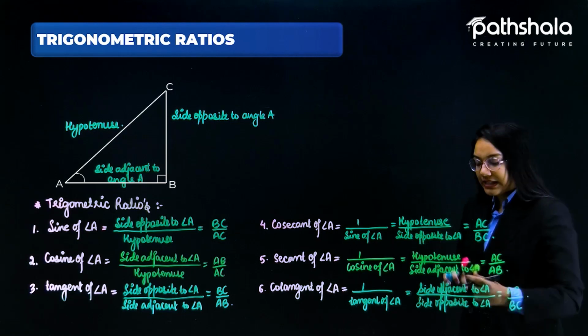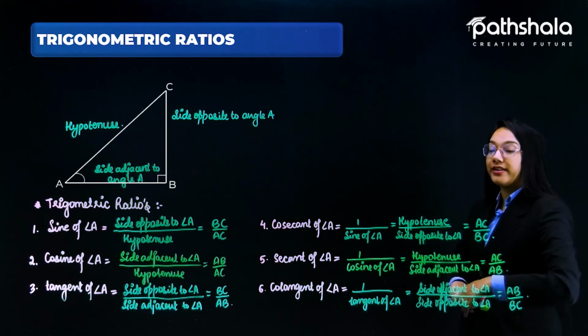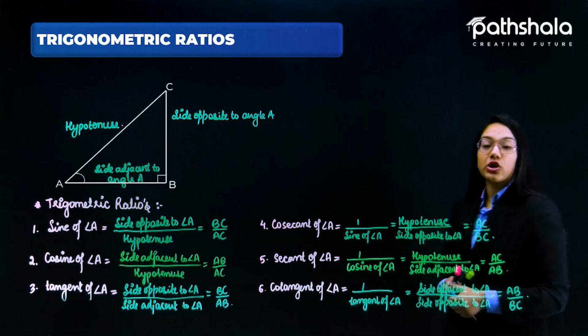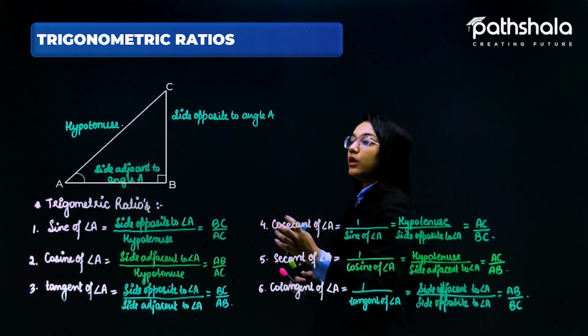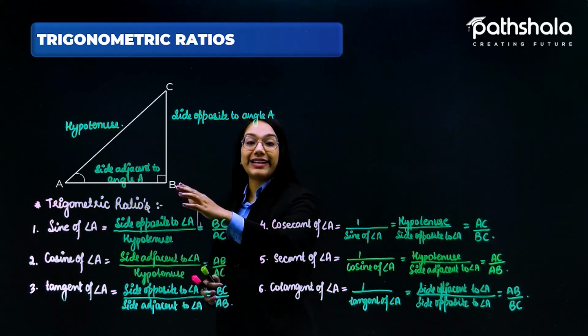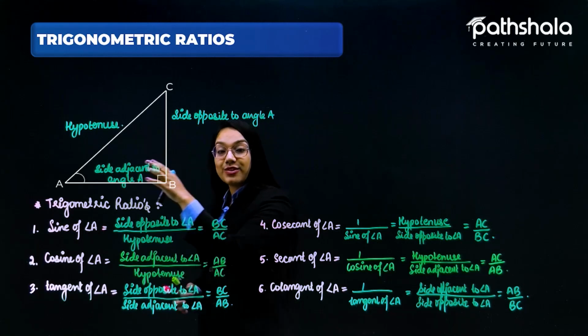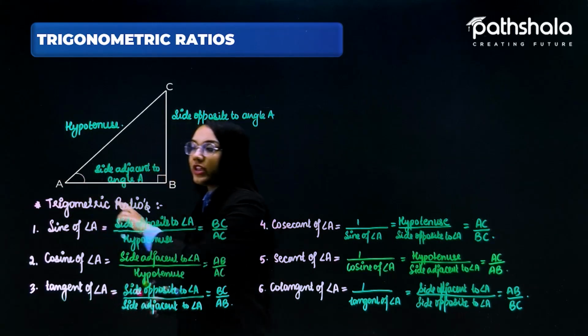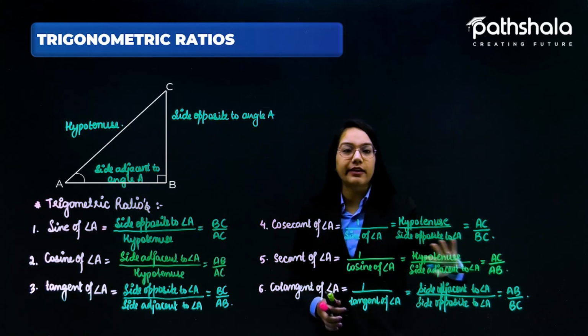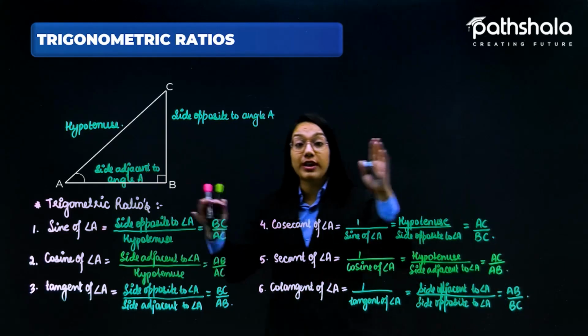Hence these are the six trigonometric ratios related to this right triangle, right angled at B. Since we are concentrating on angle A, we are taking these trigonometric ratios with respect to the angle A.